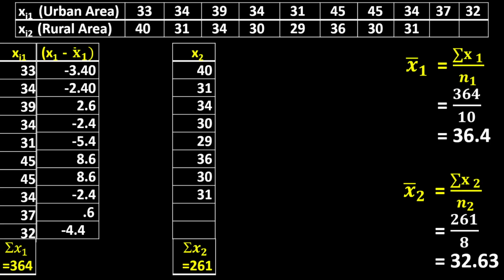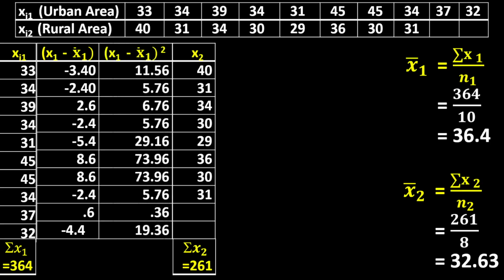Now we will find the squares of all the deviations in another column in this way. The square of minus 3.4 is 11.56. The square of minus 2.4 is 5.76. The square of 2.6 is 6.76.